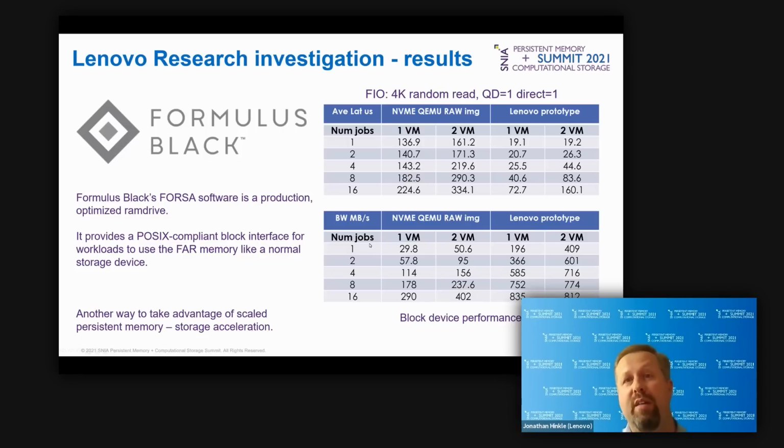Also, if you look at bandwidth, we had huge speed ups in bandwidth as well. So really this is just first taking a stab at what the block device performance, the storage performance, is, which then turns into workload performance with storage-intensive workloads. So this is really another way we can leverage far memory. One of the other benefits of far memory is that we didn't take up any memory in our main memory subsystem.